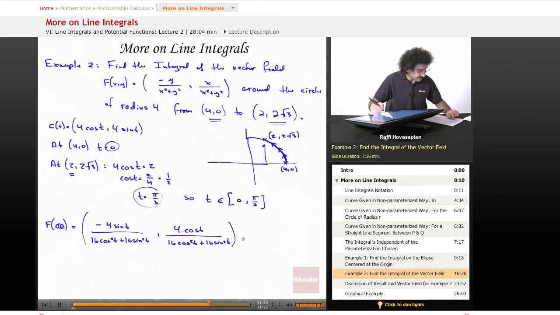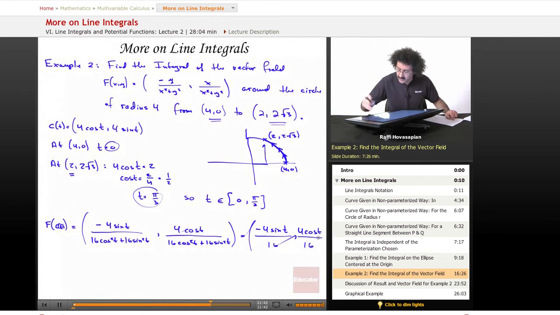Okay, this of course is equal to minus 4 sine of t over 16 times cosine squared t plus sine squared t, which is equal to 1, so that factors out. And I have 4 cosine of t over 16.